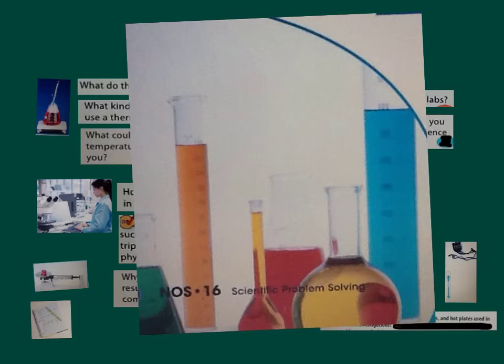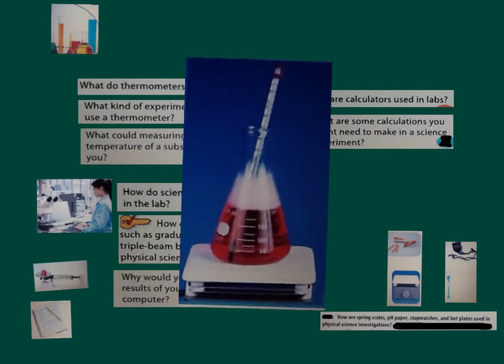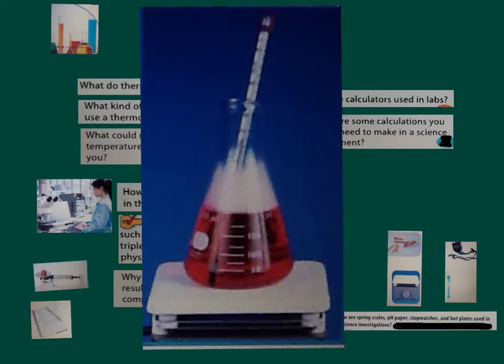The next one I want to show you happens to be something that we will be using for a fact, and that is thermometers, which is right here measuring the temperature of this liquid. A thermometer is used to measure the temperature of substances.